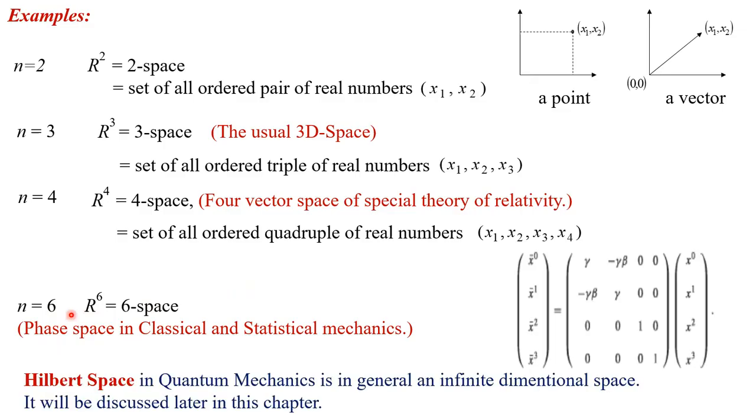Then we can extend the idea. We can go to n equal to any number, but let me just mention here, as an introduction, that Hilbert space in quantum mechanics is in general an infinite dimensional space, where you have a collection of vectors, or state functions, or state vectors, or whatever you may call them. And that collection also forms a space, and the name of that space is a Hilbert space.